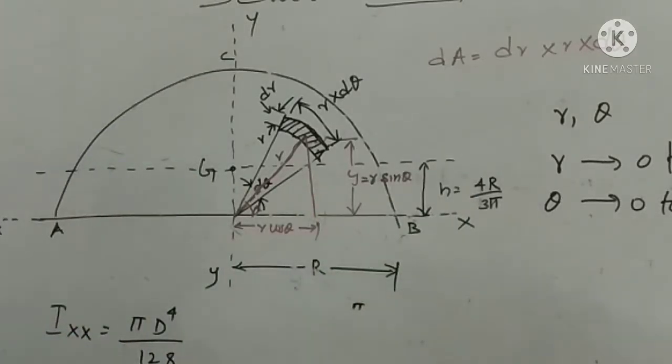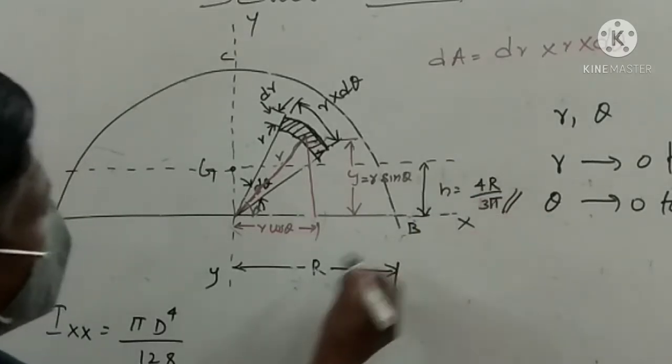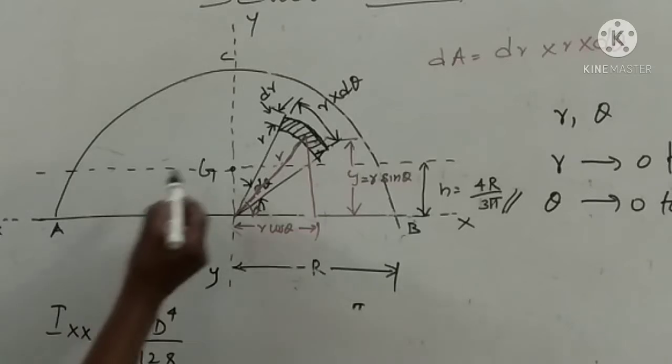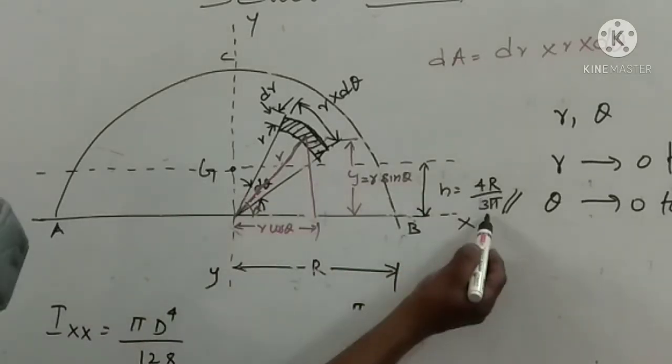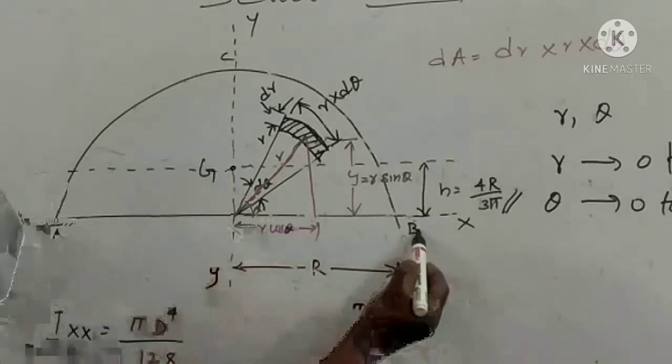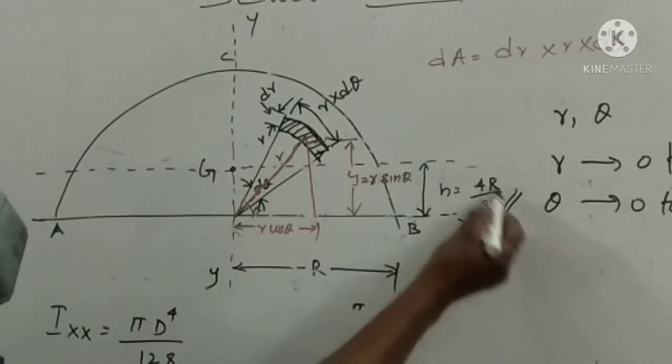Here H is equal to 4r by 3 pi. That is, the centroid is at a distance 4r by 3 pi from the base. This you have to learn by heart.